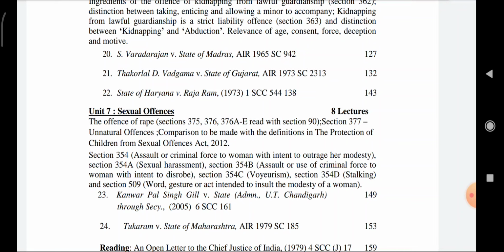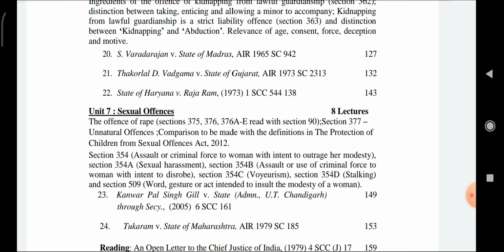This is an example of a category under strict liability, as Krishnamurti sir taught us. Section 354B, assault or use of criminal force to a woman with intent to disrobe.